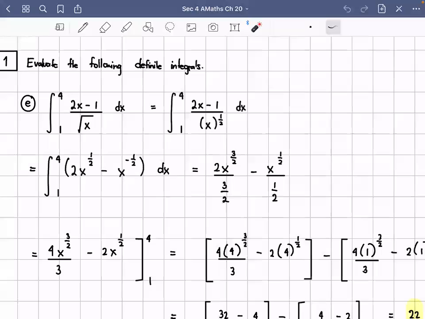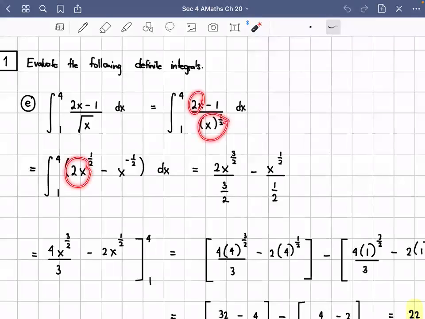First things first, I'll rewrite this. Going here, it becomes 2x raised to 1/2 minus x raised to negative 1/2. How did this happen? Basically I just divided this by this.